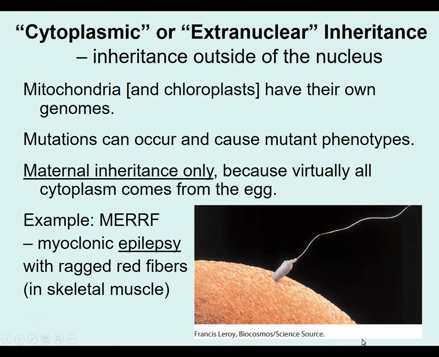Any mutant allele must be inherited from the mother because all of the cytoplasm in the zygote is maternal, and cytoplasm includes the mitochondria. So the mother's mitochondrial genes will be passed to the child.